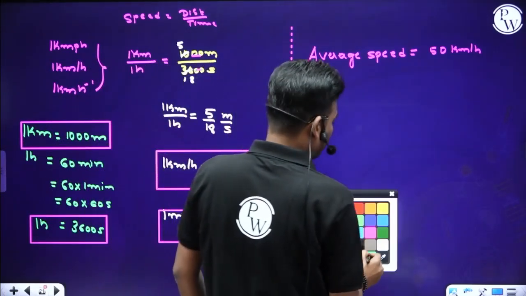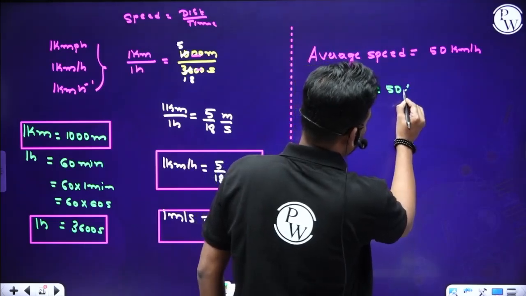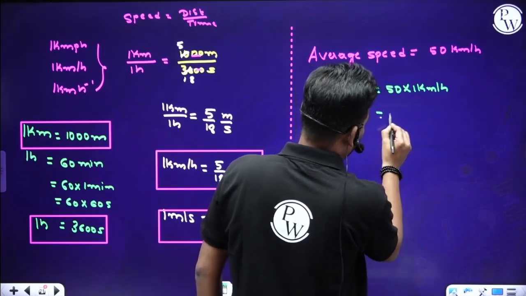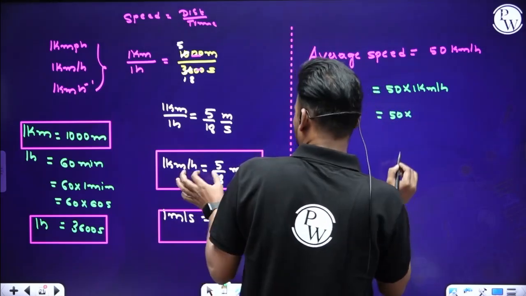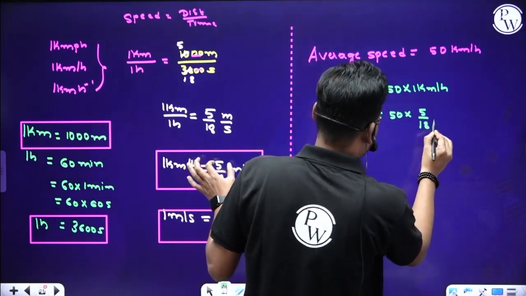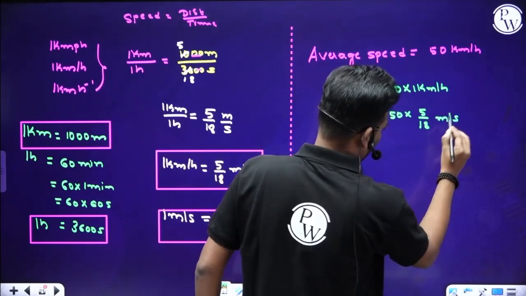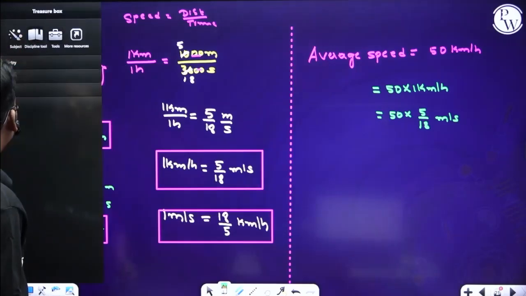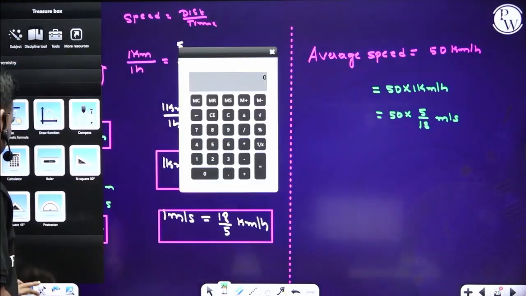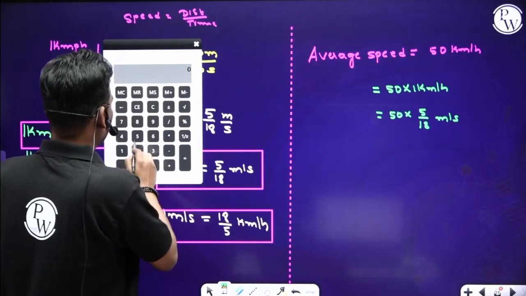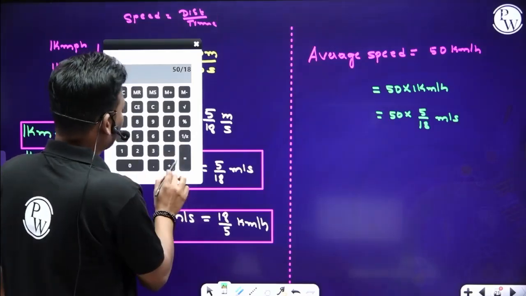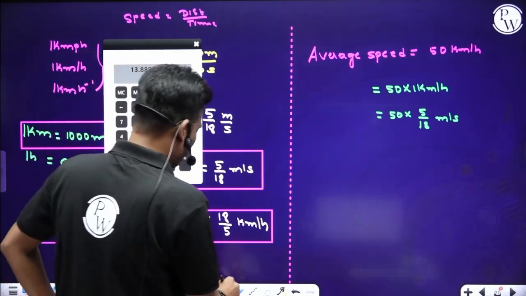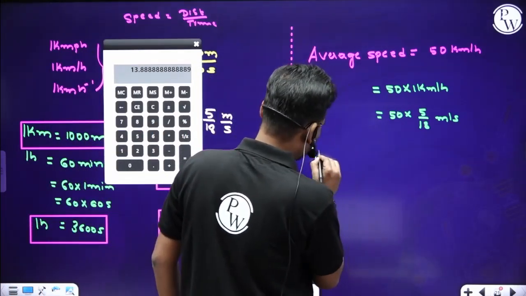So this can be written as 50 into 5 divided by 18 meter per second. Use the calculator, or else if you are good at mathematics, you can do it without calculator also. So 50 divided by 18, how much is it? 2.77 into 5, so that is 13 point average speed.